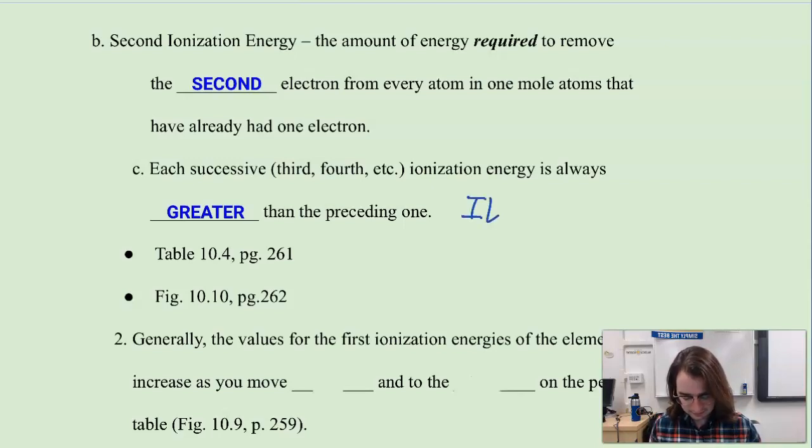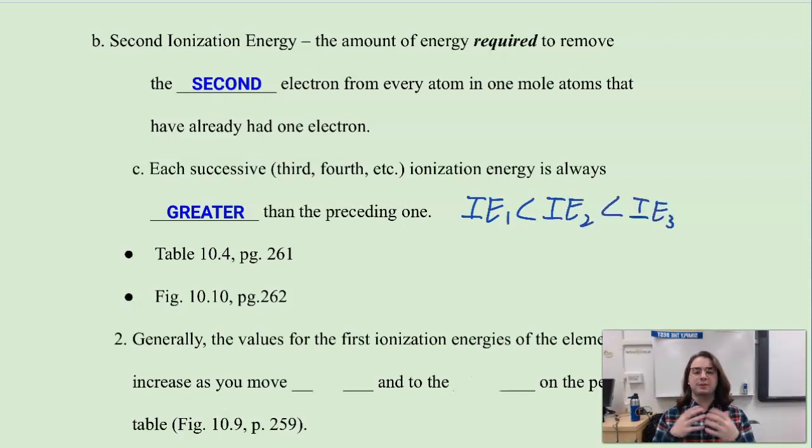The first ionization energy is always less than the second ionization energy, which is always less than the third. It doesn't really matter what we're talking about. The ionization energy for sodium is really low. Sodium is really comfortable just getting rid of that electron. But the first ionization energy is always going to be lower than the second. Sodium's fine with giving away 1 electron, but it's not going to be as comfortable giving away 2. Just something to keep in mind.